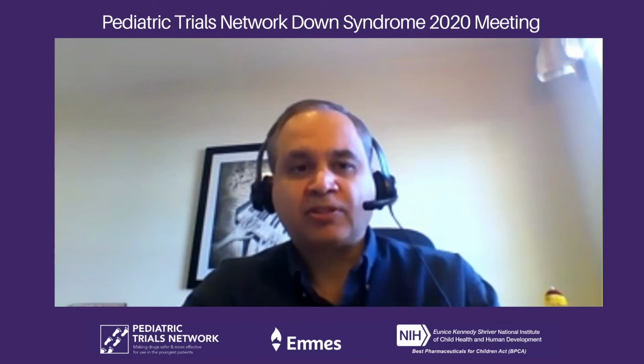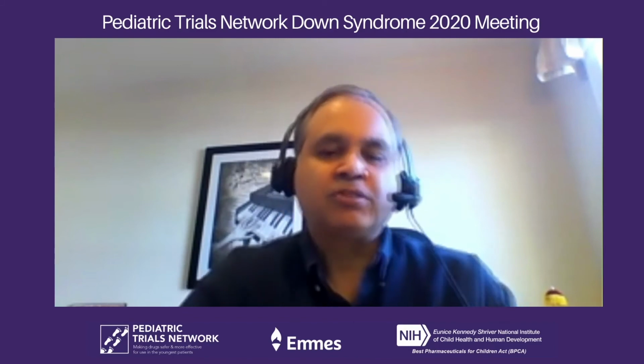Keeping all those aspects in mind, we look into what is the best design. We want to eliminate all biases in our final assessment of answering the question, does the treatment really work? Is it safe and efficacious? And in this case, we'll also do some PK analysis as well.